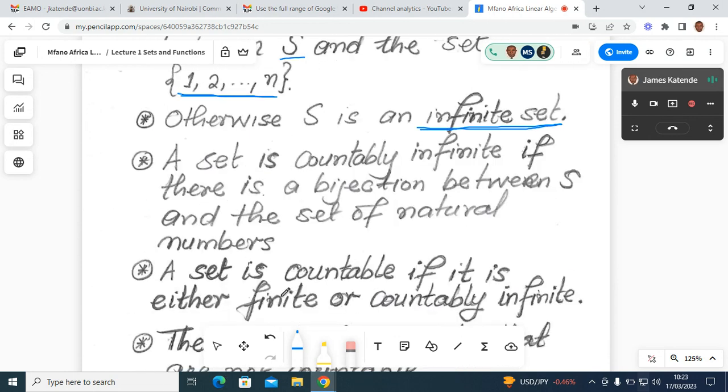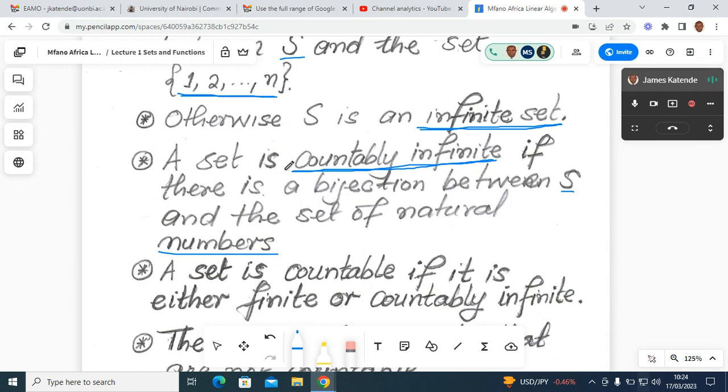We'll probably give some examples of this as we go along. There's the other concept which we talk of as countably infinite. We say that a set is countably infinite if there's a bijection between the set and all the set of natural numbers. The set of natural numbers is an infinite set, but you can count the numbers.